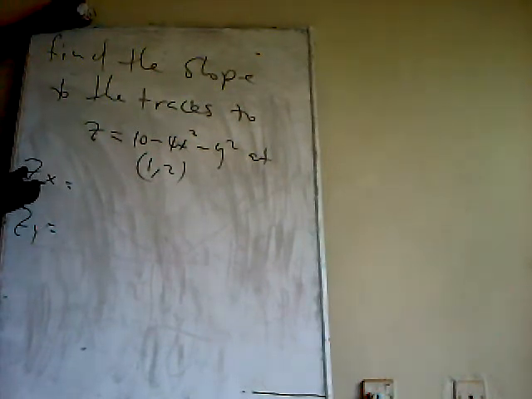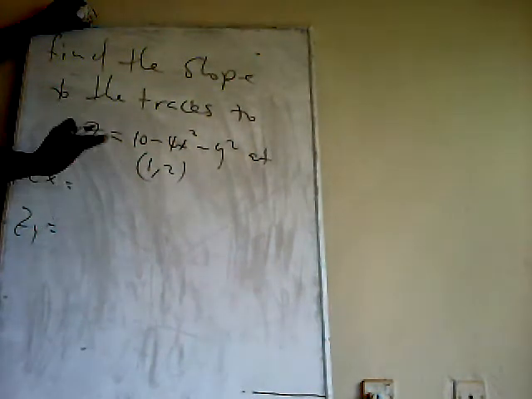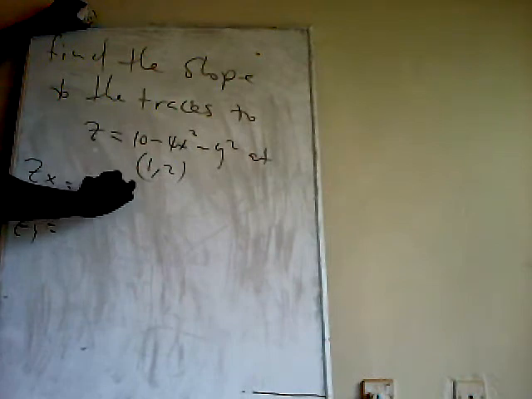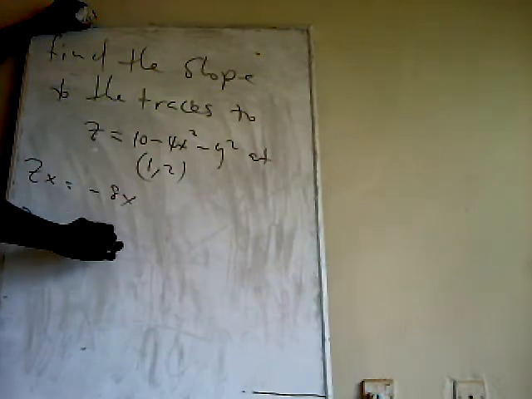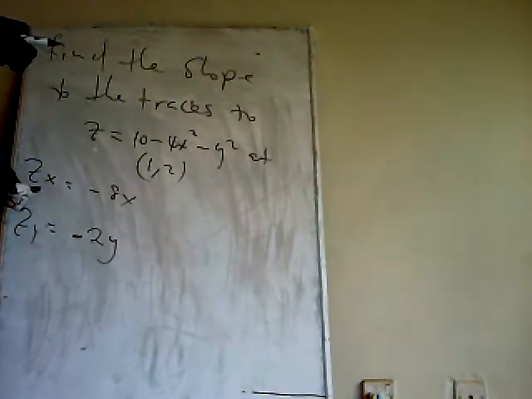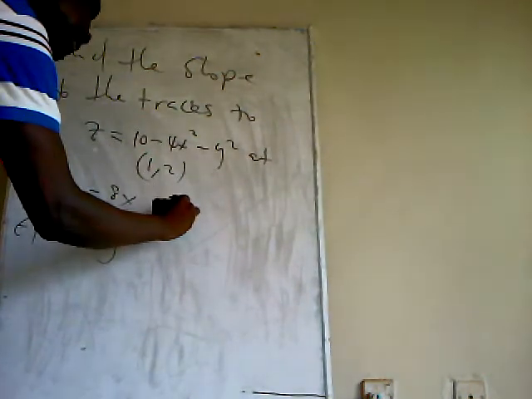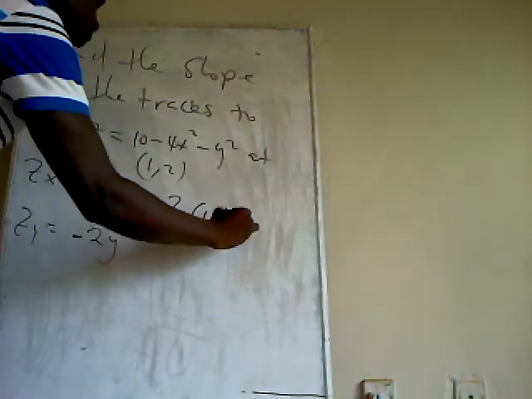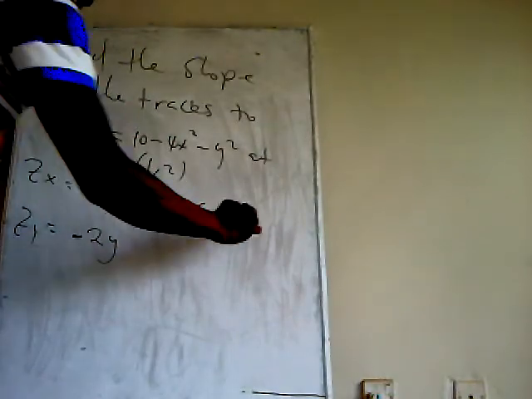Now here, zx, differentiating z partially with respect to x, will give us minus 8x. And differentiating z partially with respect to y will give us minus 2y. So the slope to the trace caused by y equal to 2 is zx at 1, 2, and we put 1 here and we get minus 8.